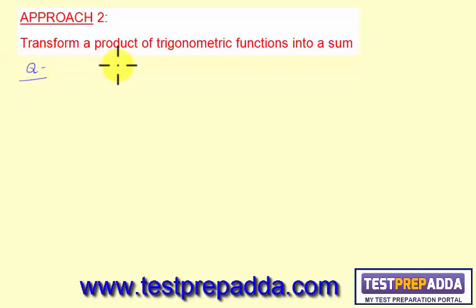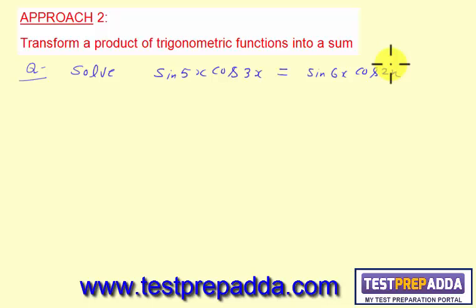For example, solve sine 5x into cos 3x is equal to sine 6x into cos 2x. You can see trigonometric functions in a product form.